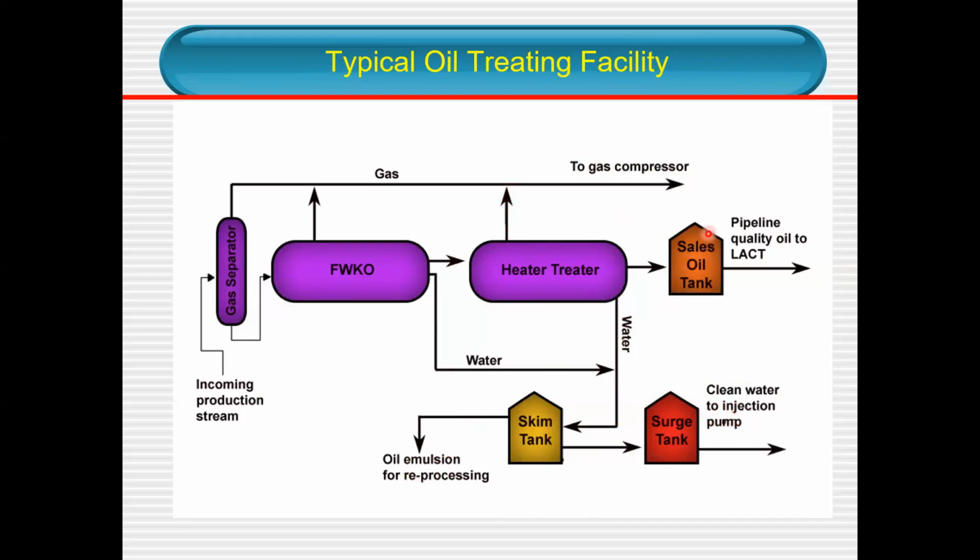But the oil goes to the tank, to the terminal. This is where the BSNW will be measured to make sure that it is below 0.5% for it to be sold at optimum price.